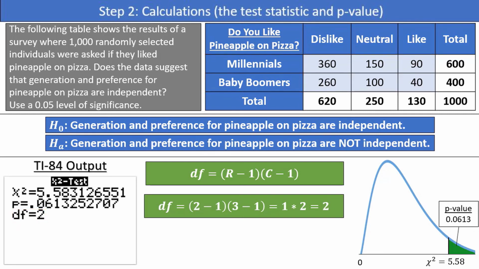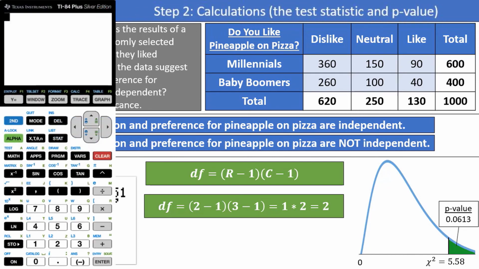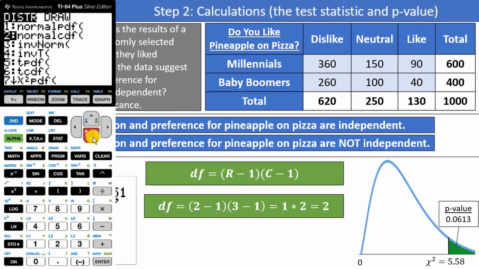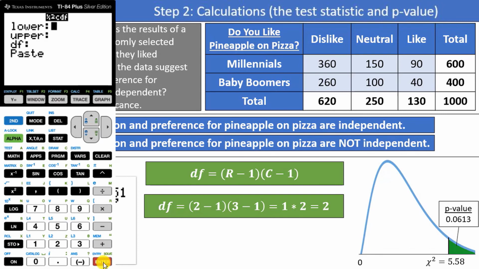Using the chi-square test statistic and the degrees of freedom, you can use the calculator to get the p-value by going to Second, Distribution, scroll down to option 8 for the chi-squared CDF. The lower bound is the lower part of the shaded region on our graph, which is 5.58, and the upper bound is infinity, but 1000 is plenty large enough.